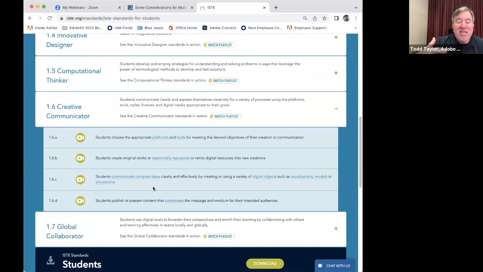Completing this assignment will enable students to communicate complex ideas through visualization and digital objects. And so I use these statements of learning outcomes as my North Star. And I find that when I have that North Star, the assessment kind of follows more easily.